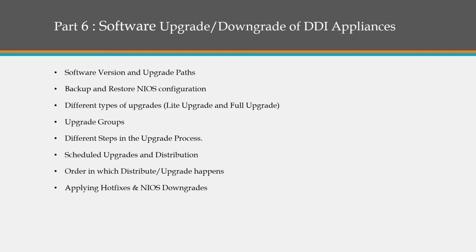Then we touched on the different types of upgrades, light upgrade and full upgrade, and the difference between them. Then we learned about upgrade groups, their purpose, how you can add new upgrade groups, and edit the properties of an upgrade group. Then we went through the 4 different steps of the upgrade process, and I explained what each of those steps means.